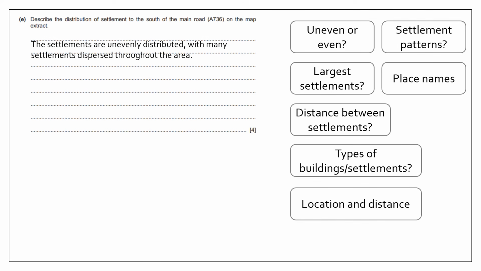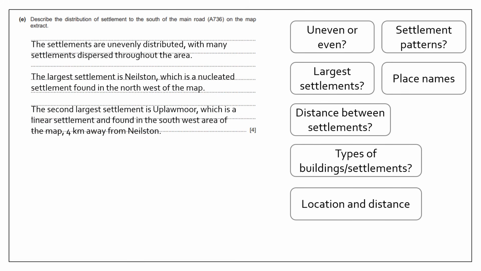We can say that the settlements are unevenly distributed, many settlements dispersed throughout the area. The largest settlement is Neilston, which is nucleated, found in the northwest part of the map. And then the second largest settlement is up a little more, which is a linear settlement found in the southwest area of the map, 4 kilometres away from Neilston.